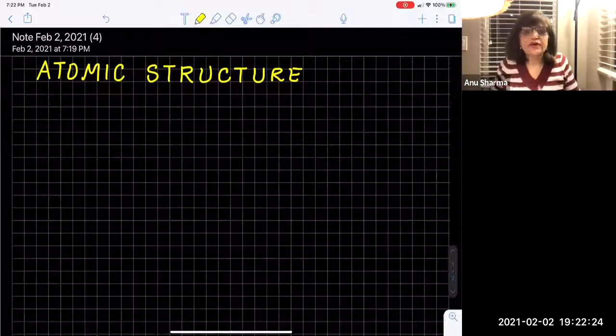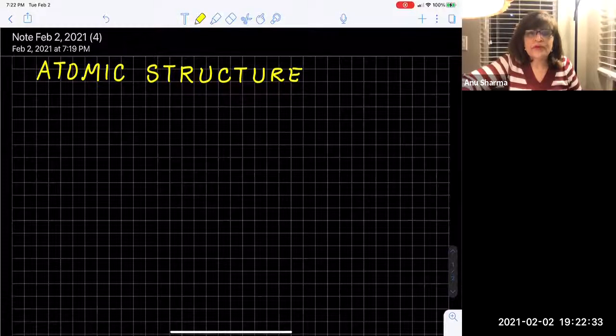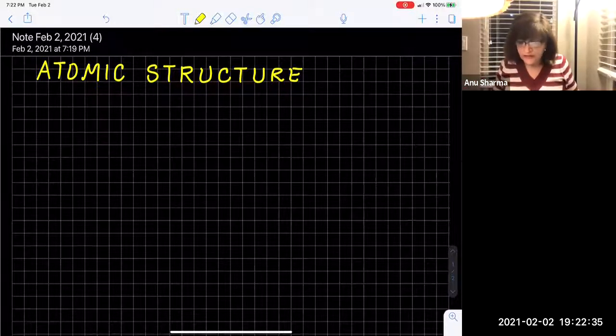Okay, so we are going to look at the atomic structure. You can look at the history of how the actual structure of the atom was discovered on your own.